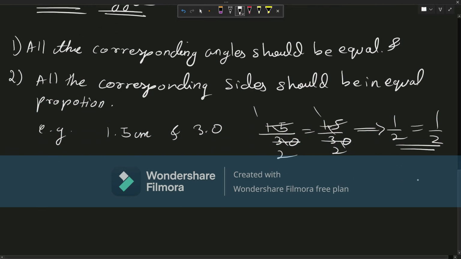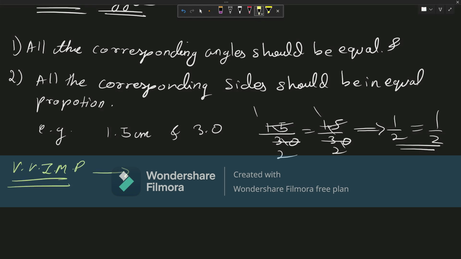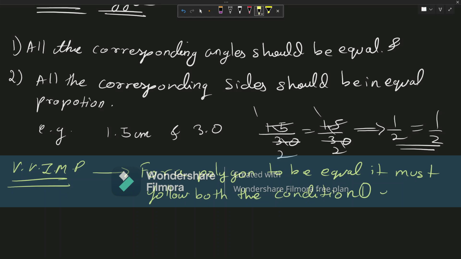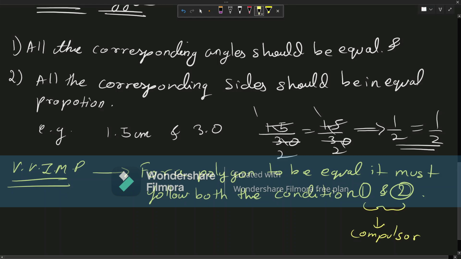Now, one very important statement. For polygons to be similar, they must follow both conditions 1 and 2 compulsorily.